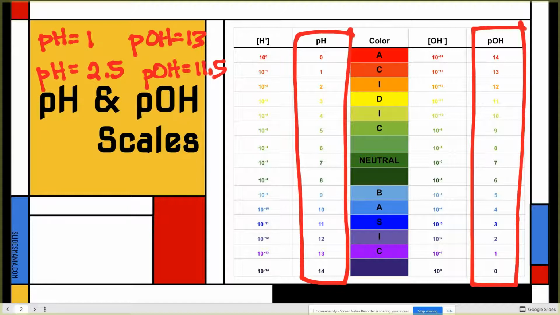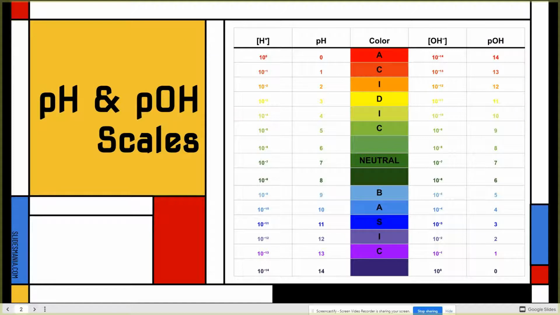So how do you get the pH from the pOH and how do you get the pOH from the pH? Well, if you look closely, guys, at the values, you can see that there is a formula that you can come up with. If you add the pH value plus the pOH value for any substance, they should always equal 14.